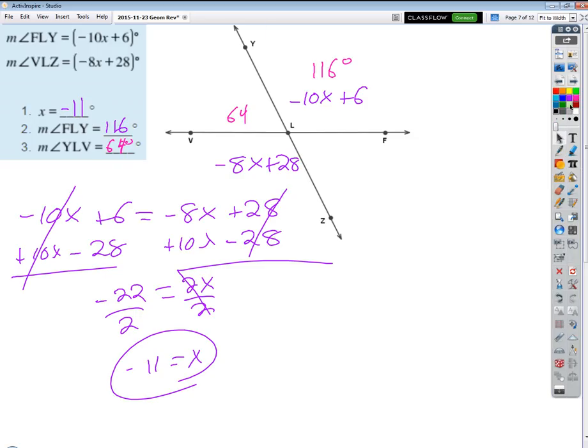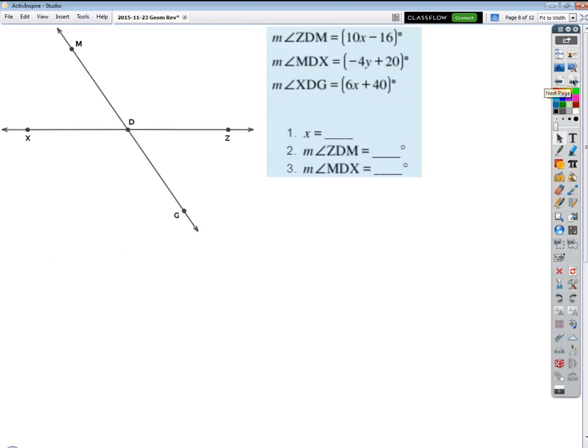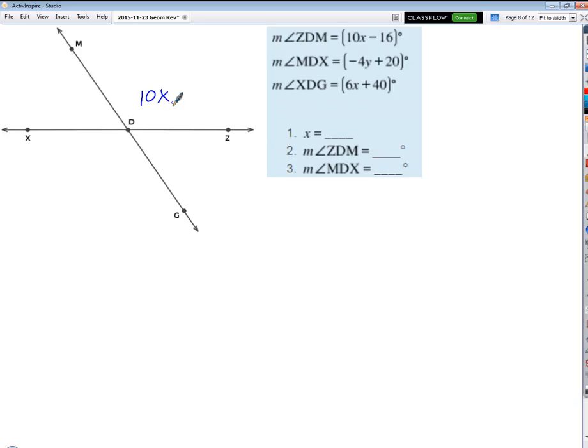Okay, this one, same kind of problem. Very same kind of problem here. The only thing I'll maybe mention about this, I'm gonna go through this one pretty quickly. If we put in these expressions, ZDM, the measure of that angle is given by 10x minus 16.